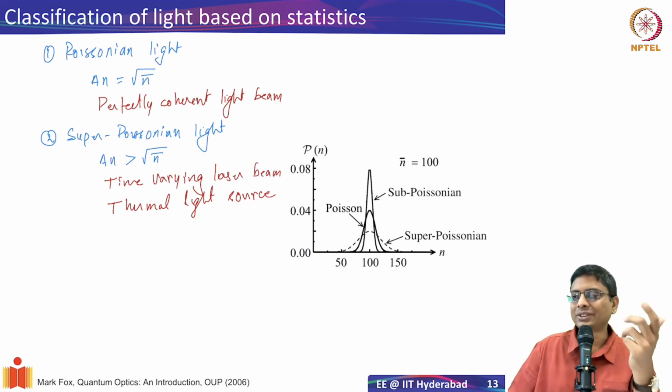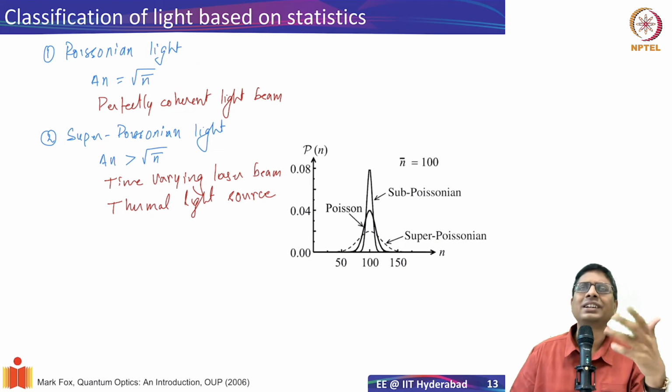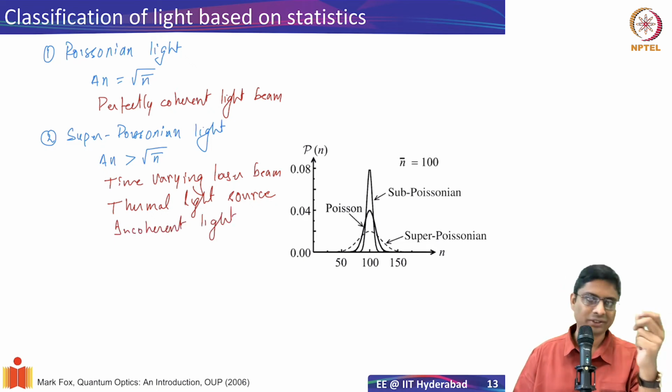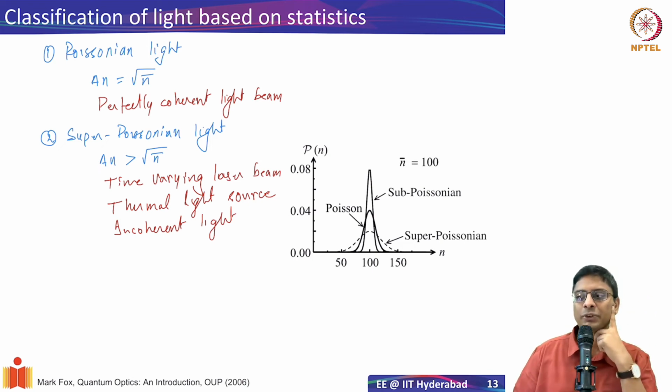So thermal light source is one example, wherein the light is emitted incoherently and it's having random fluctuations and the wavelength also is broad and all that, right? So a thermal source is basically another example of a Super-Poissonian light or even an incoherent source. Incoherent light, whichever it is, wherever it is, broad emission is going to be Super-Poissonian.